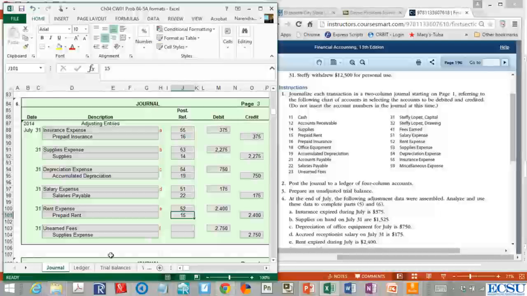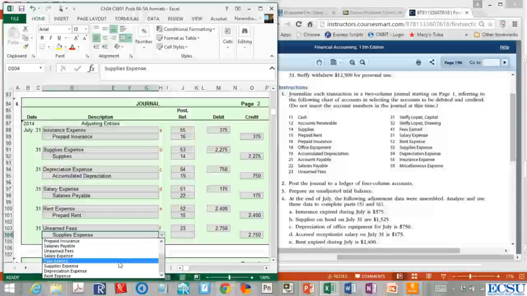Let's go back to the journal and see. Unearned fees is debited. Unearned fees here is 23, and supply expense is, how come we have unearned fees and supply expense? That should be fees earned, not unearned fees.